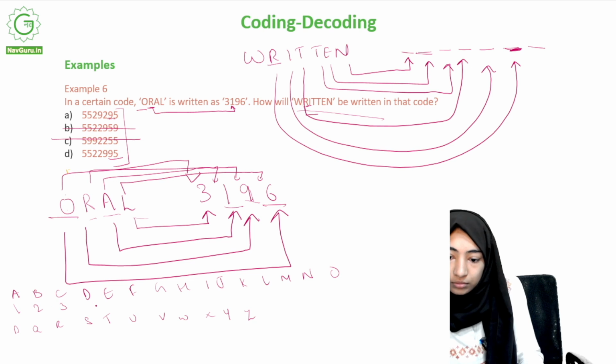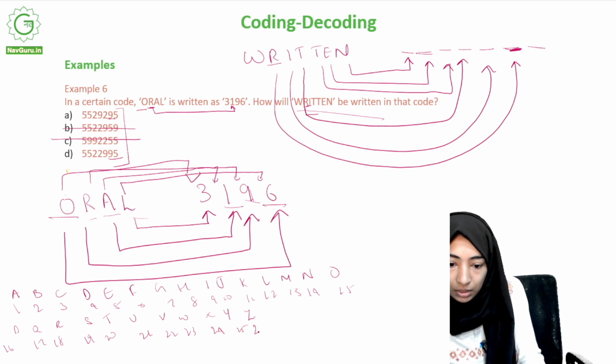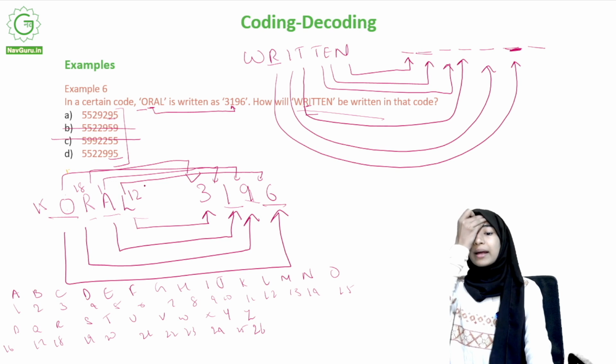One, two. Okay, so here what is O? O is 15. R is 18. What is A? A is 1, and L is 12.